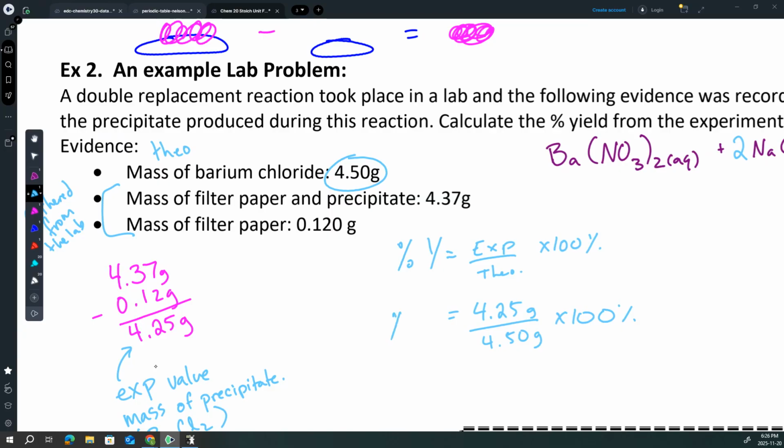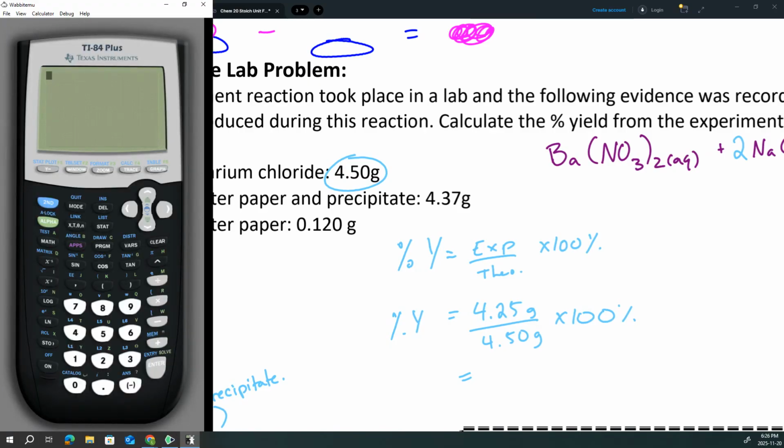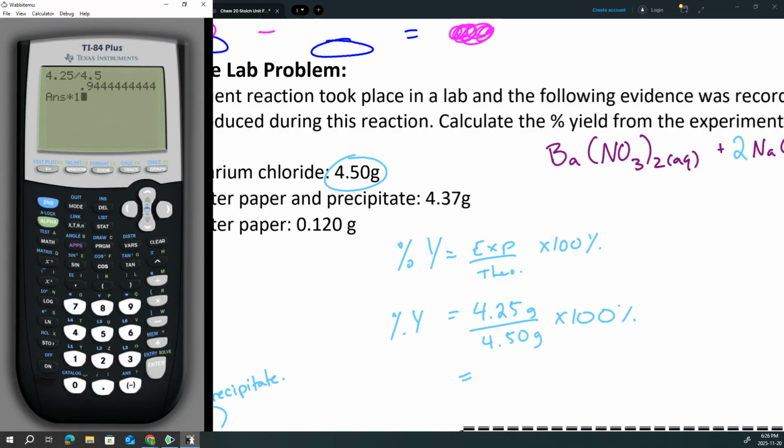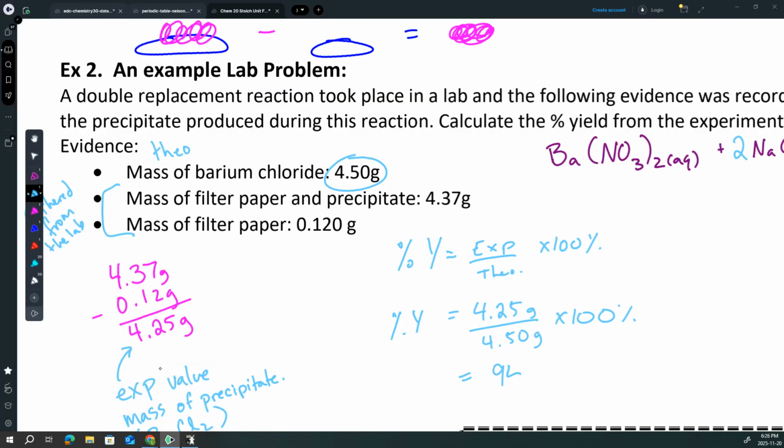So right now it's looking like they got a pretty high percent yield. 4.25 divided by 4.5, and then times 100 would be 94%. Okay, or 94.44, it keeps on going forever.